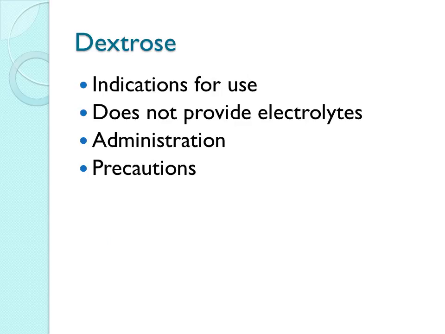Dextrose solutions are indicated for dehydration and hypernatremia, if the patient is not in circulatory difficulty with extracellular expansion. It's also indicated for hyperkalemia. It's a vehicle for drug administration, and it's the primary carbohydrate in TPN, or total parenteral nutrition.